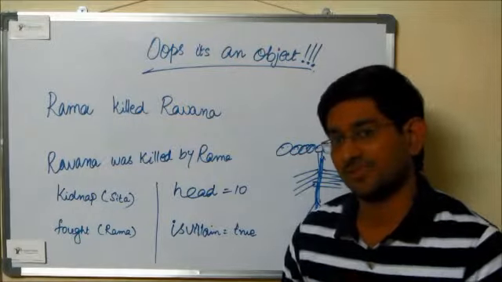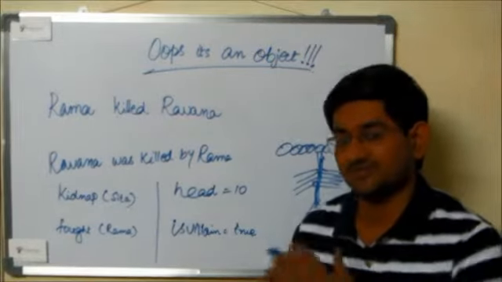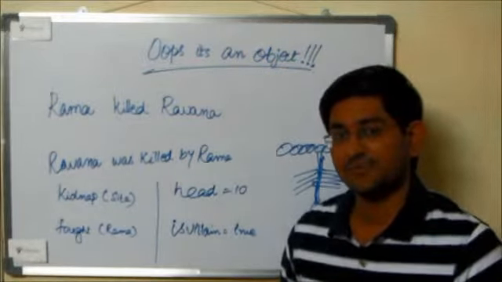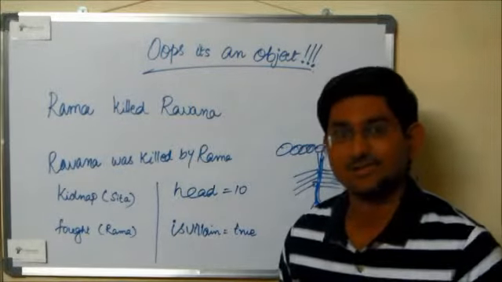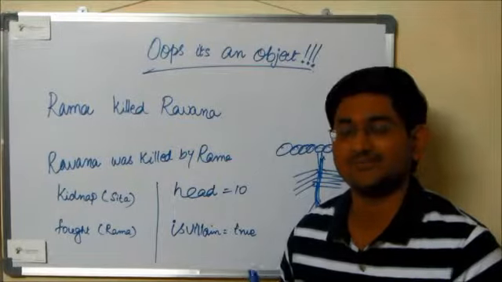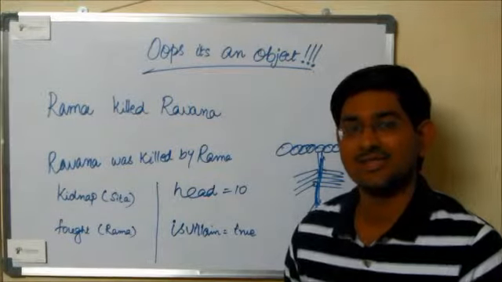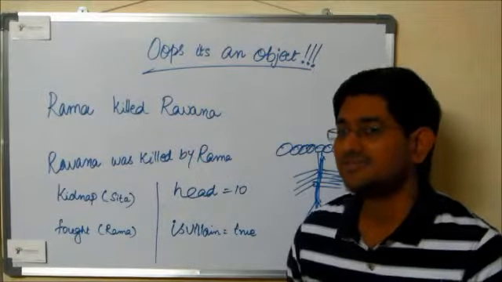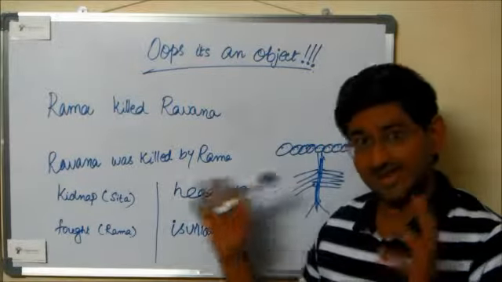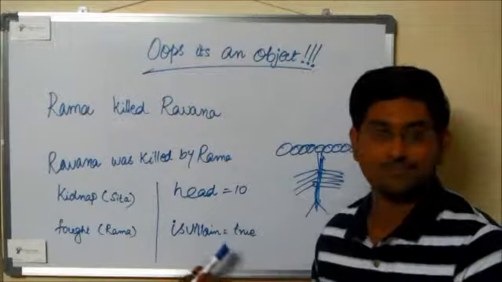If we ask a 5-year-old kid to tell us about Ravana, the 5-year-old will not say that he walked on his legs. He had 2 legs, or 10 legs, or 20 legs, whatever it is. Or he had a nose. He breathed through nose. No. She will just say he had 10 heads. He's a very bad boy.